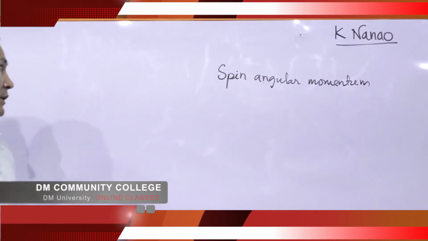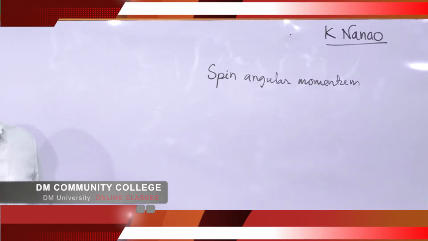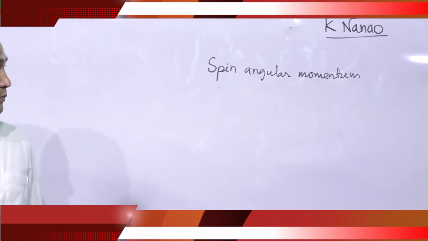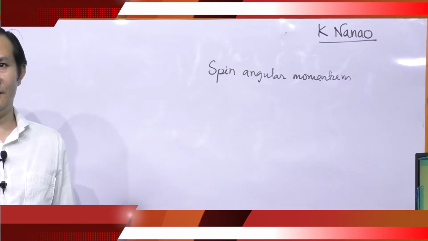You see, an electron has its own intrinsic spin angular momentum, and this is an intrinsic property.